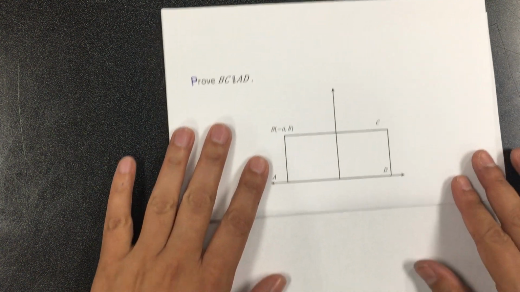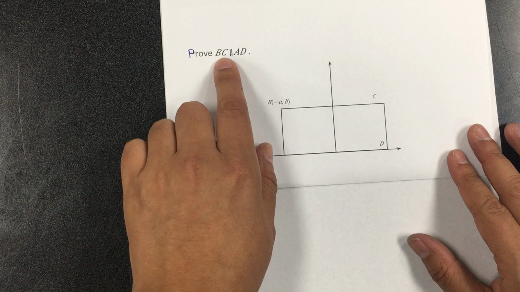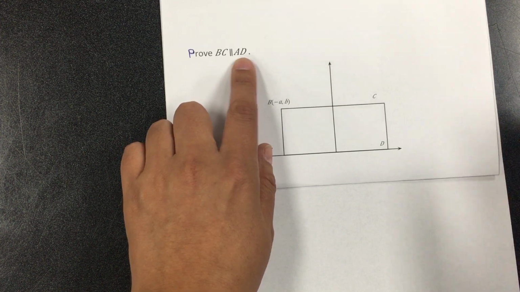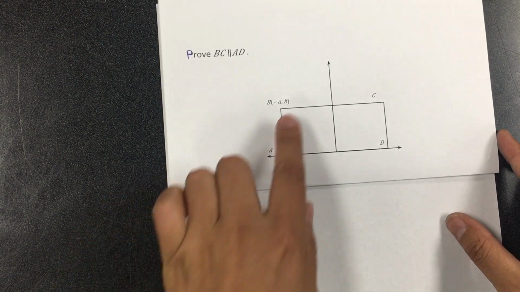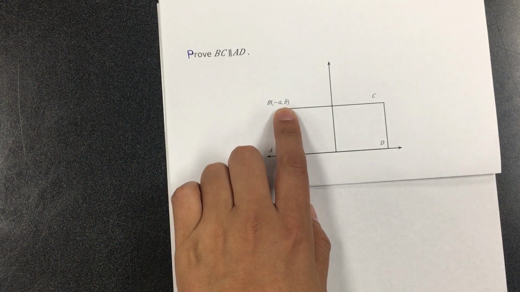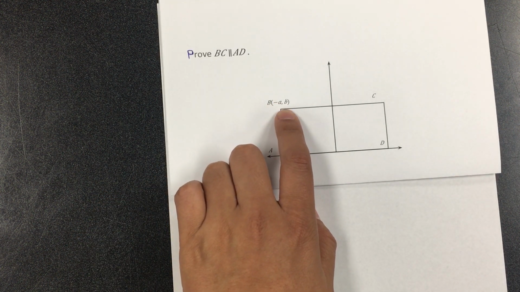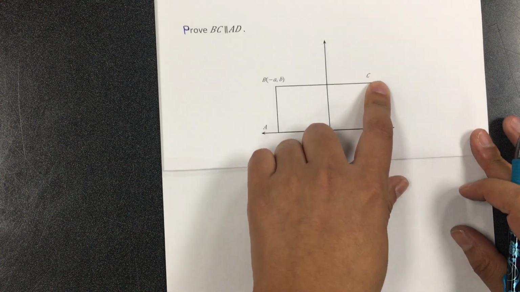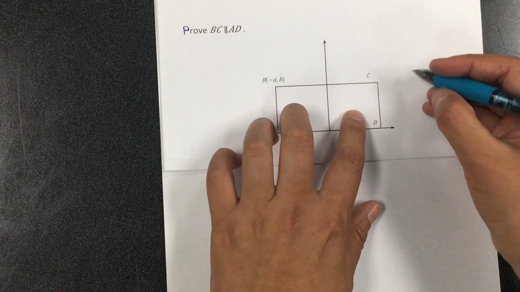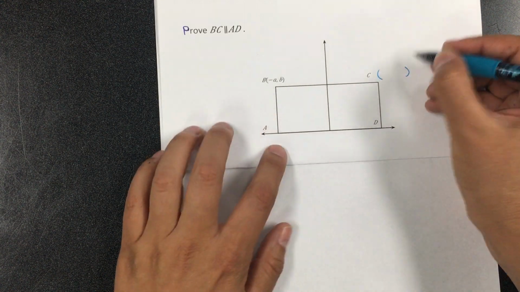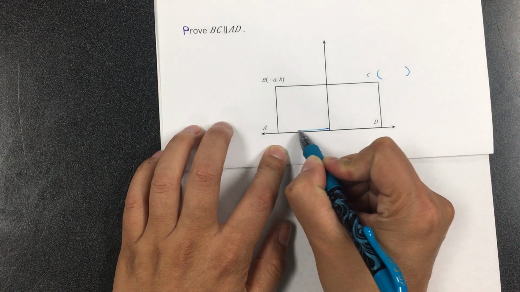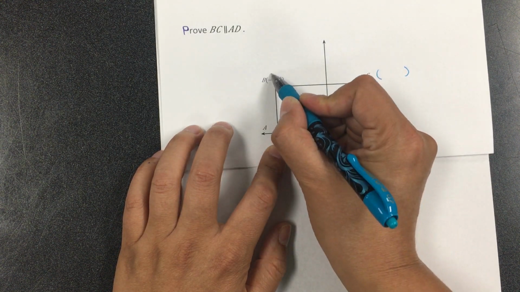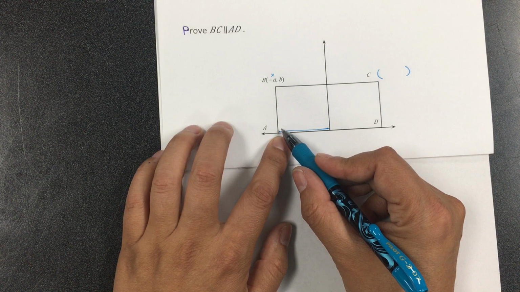So it says, prove that BC is parallel to AD. So we have this, which we've been working with, right? The variable coordinates. And so we're gonna look for the other coordinates first. So remember that this comes from going to the left. This is x, so that means that this is -a.